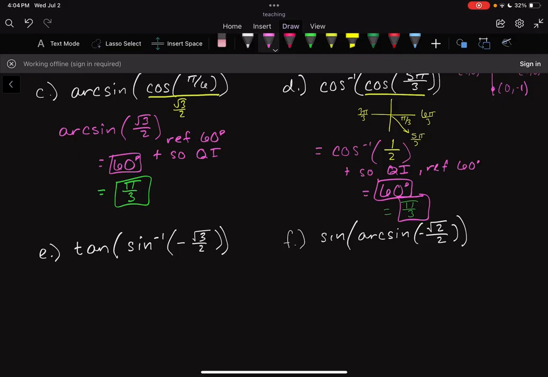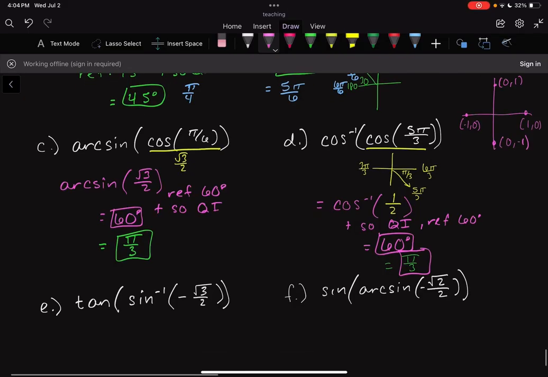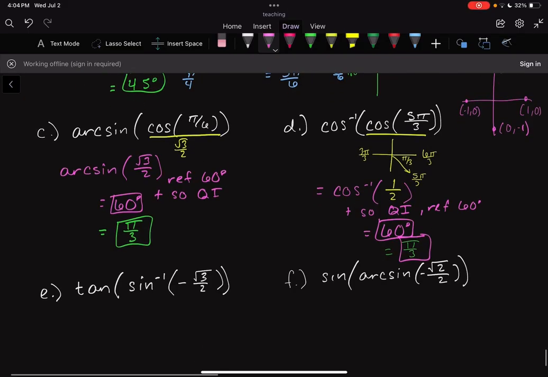It's just hard because there's really not that many that I can give, to be honest with you. We only have 3 reference angles. The value from the table is either square root 3 over 2, root 2 over 2, or 1 over 2. And then I can make it negative or positive. So it's not like I really have that many options.